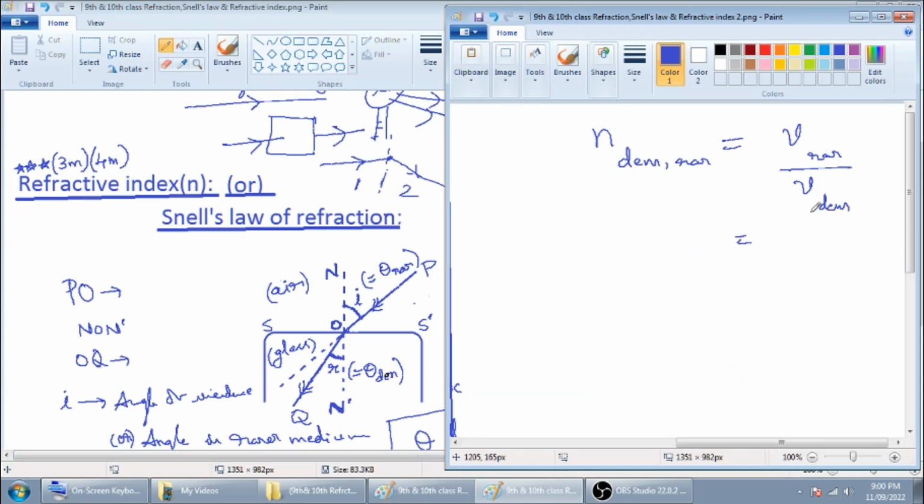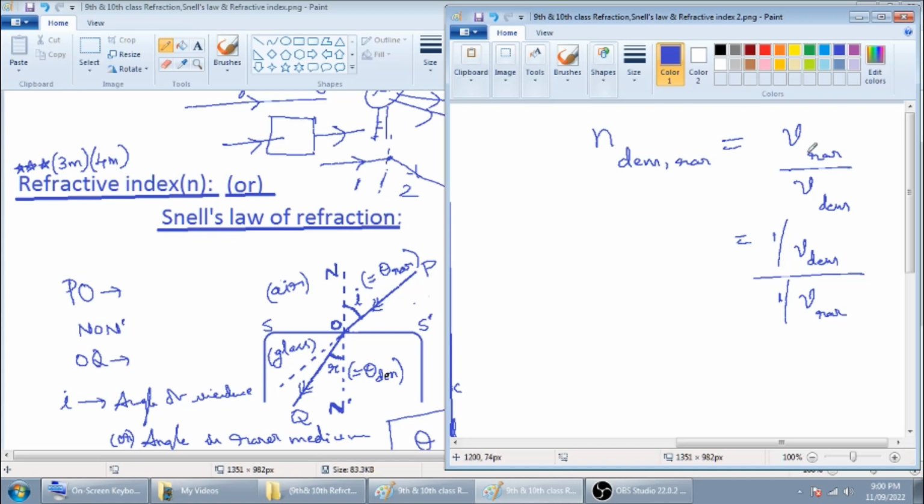I'll just make a small adjustment here. I'll write this as A by B. A by B can be written as A numerator by denominator, that is, 1 by V denser divided by 1 by V rarer.